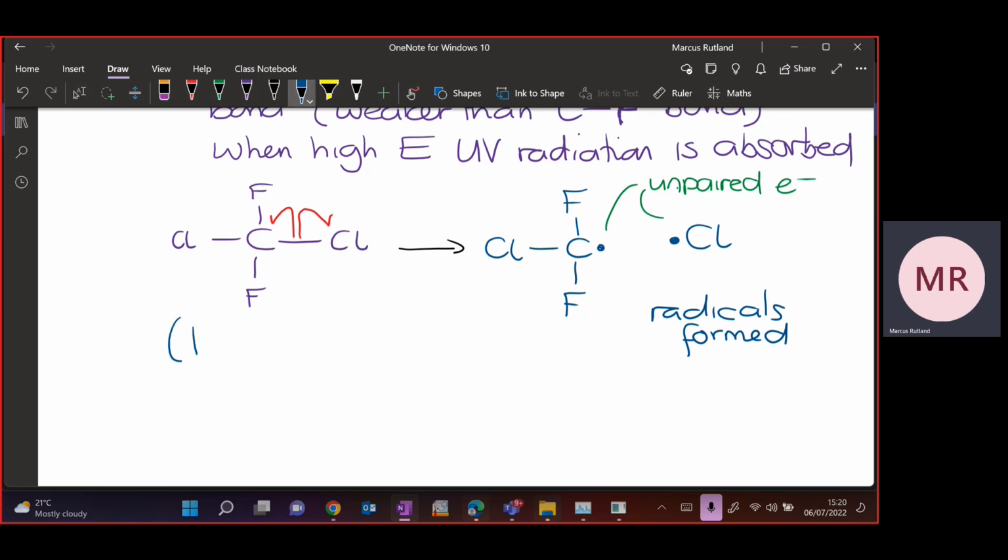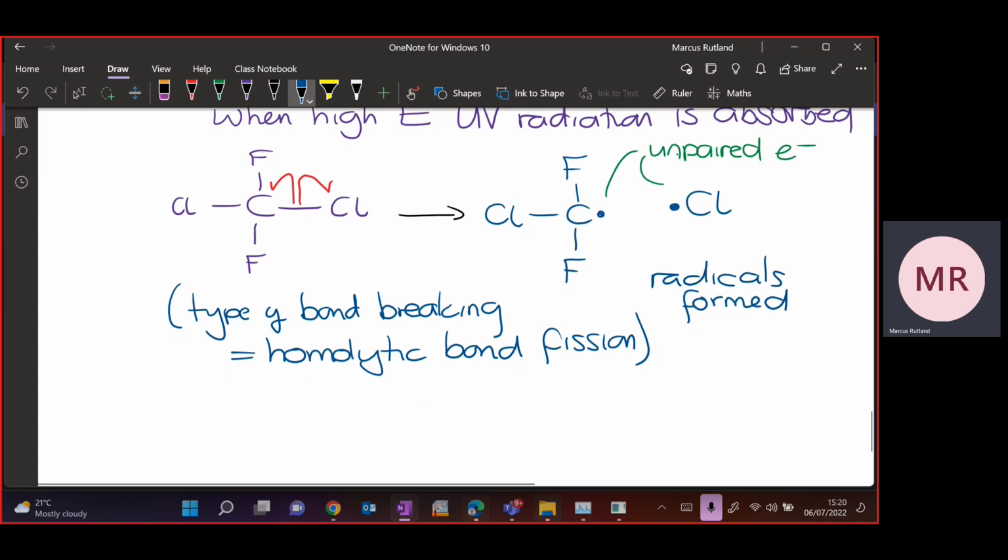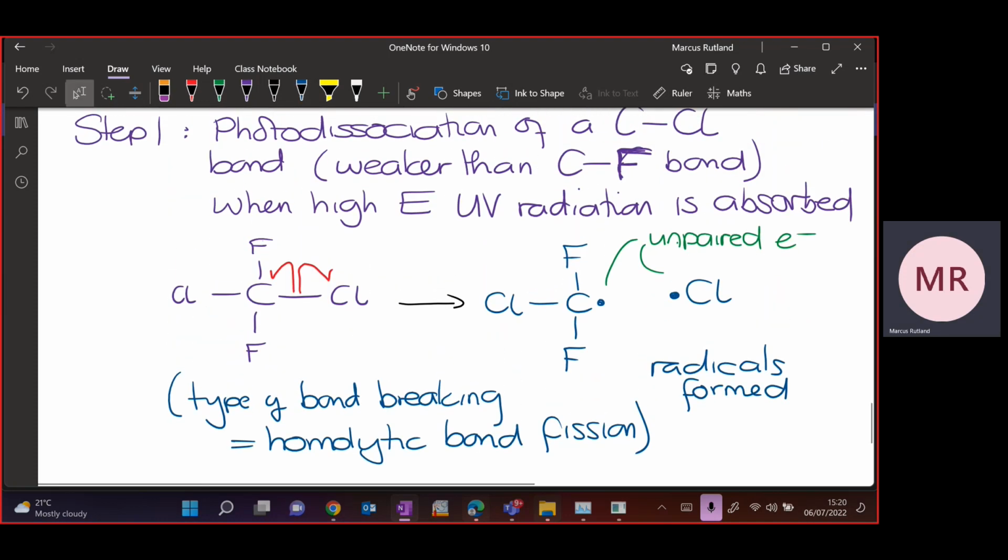What type of bond breaking? And you should be saying homolytic bond fission. That's obviously an endothermic process. Bond breaking requires energy. Energy is coming from the UV.